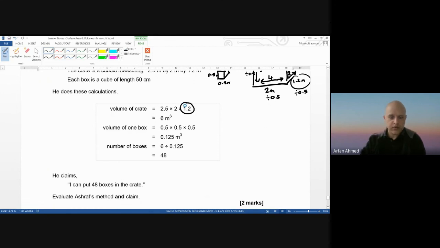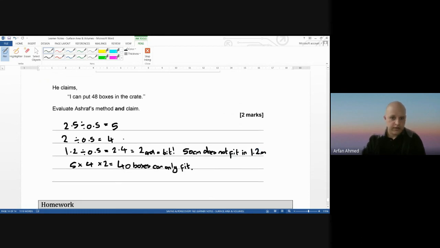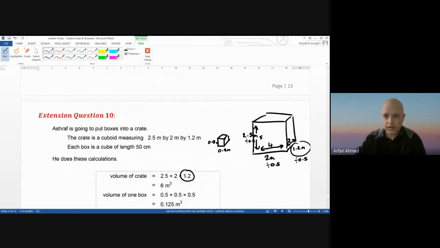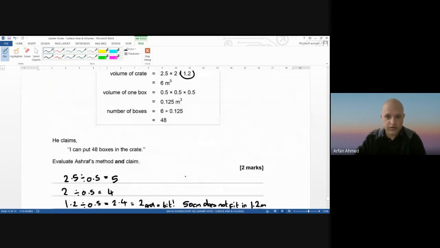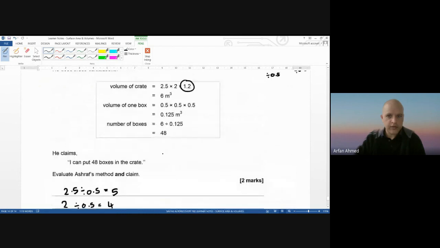First, you can say 50 centimeters does not fit in 1.2 meters. And the second thing is you have to say that only 40 boxes can fit in the crate, so he's wrong, it can't be 48. And there's your 2 marks right there.